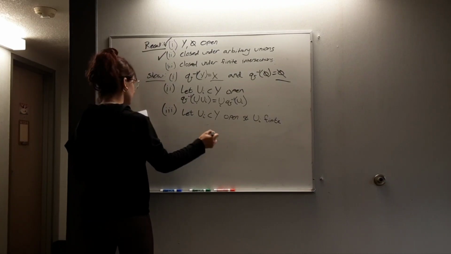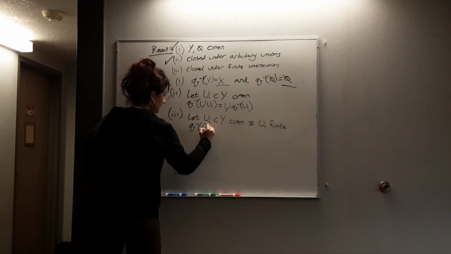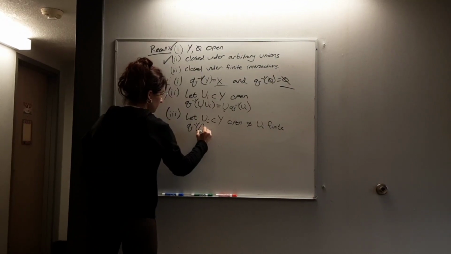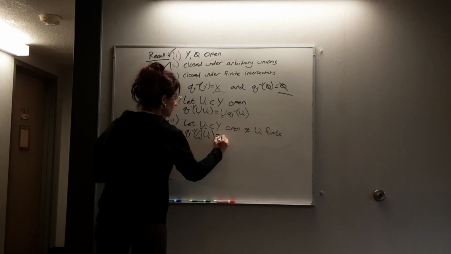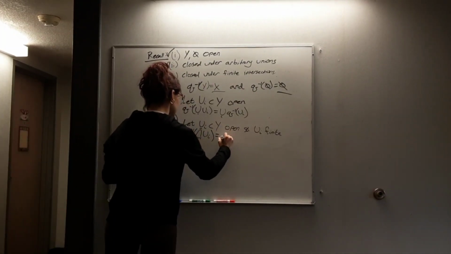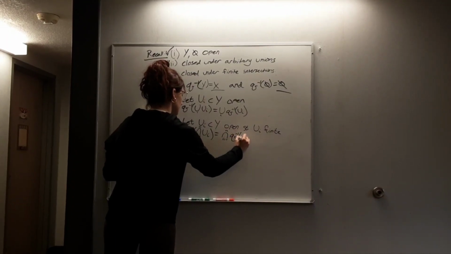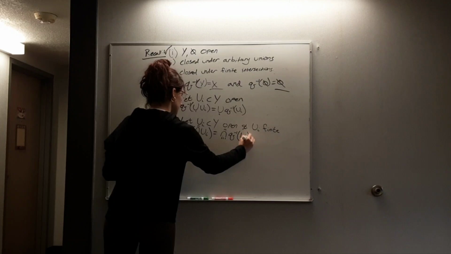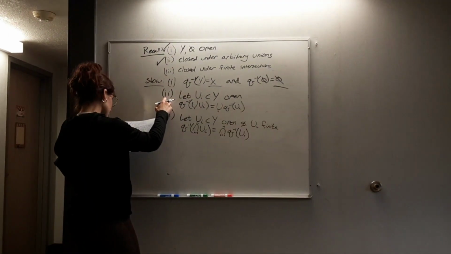And then we're going to say Q inverse of the intersection from I equals 1 to n of U sub I is going to equal the intersection from I equals 1 to n of Q inverse of U sub I. And then we'll apply the same argument as we did above.